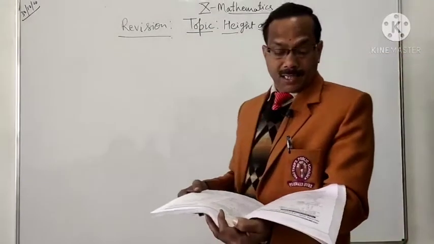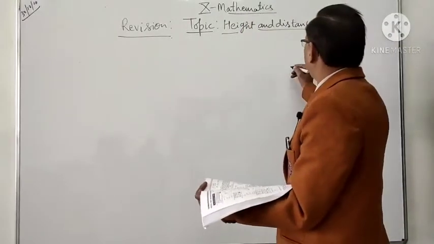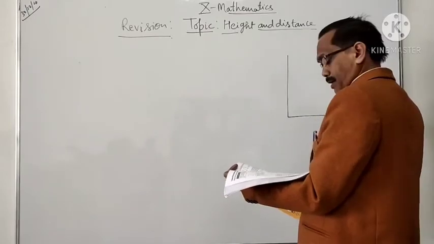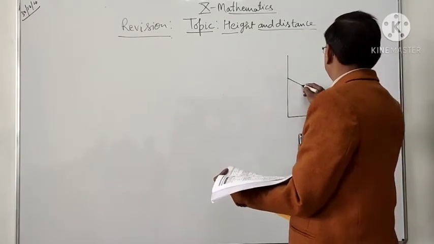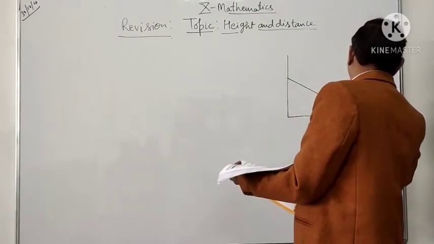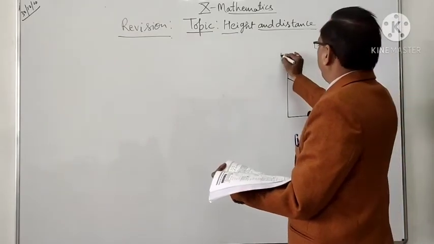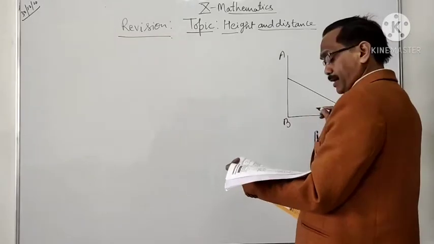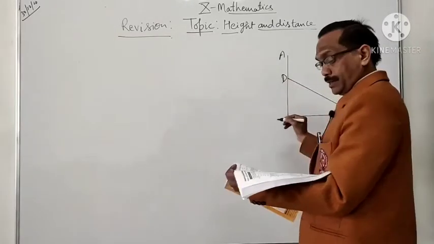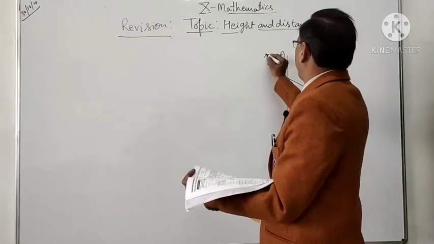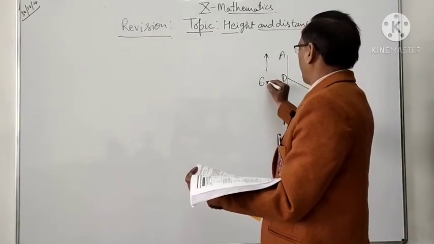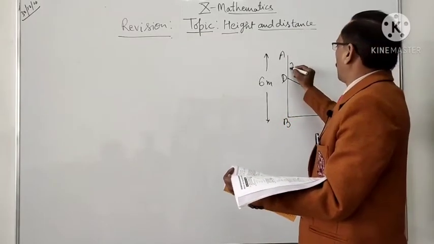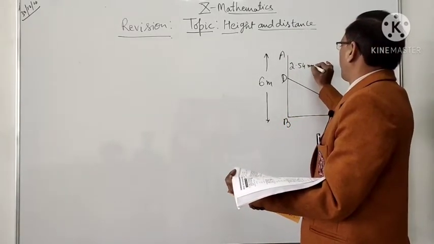Student, next, here one figure is given. That is the point A, it is B, C, and that is D. AB is 6 meter and AD is 2.54 meter.